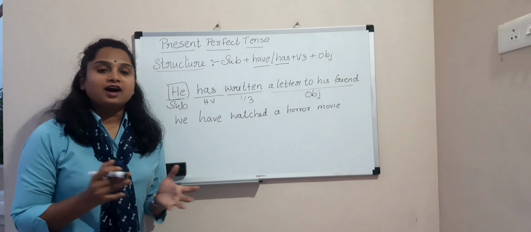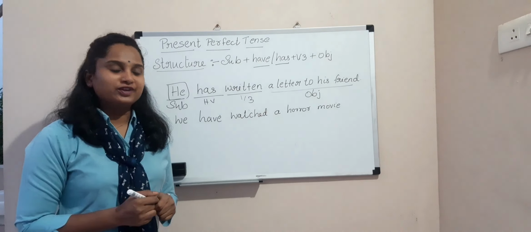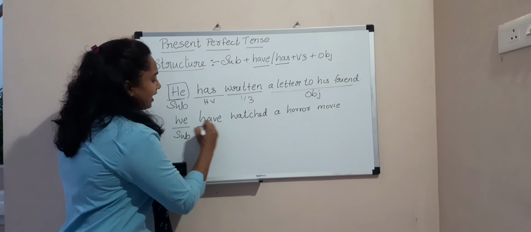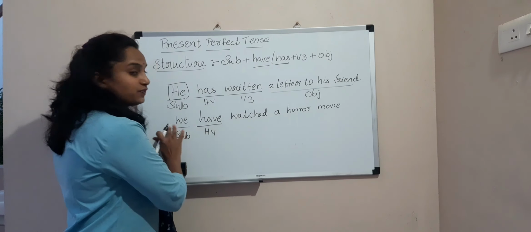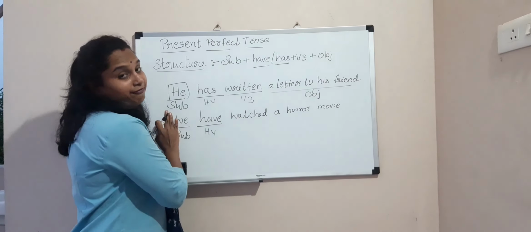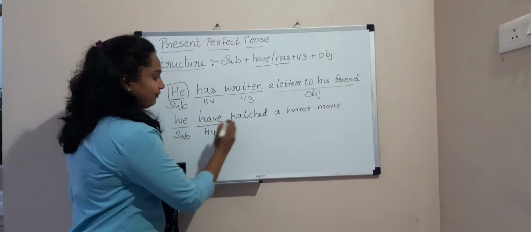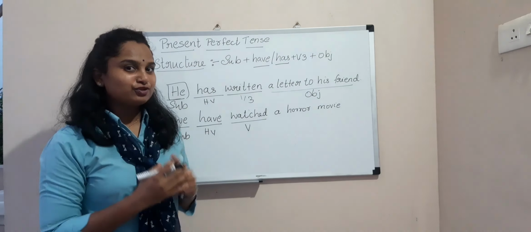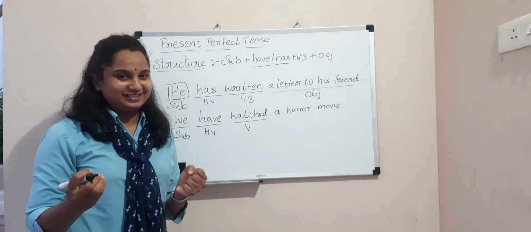Let's look at the other example. We have watched a horror movie. We, subject, have, helping verb, because we have plural pronoun we, so we use helping verb have. Verb, we have to identify whether it is verb 2 or verb 3.